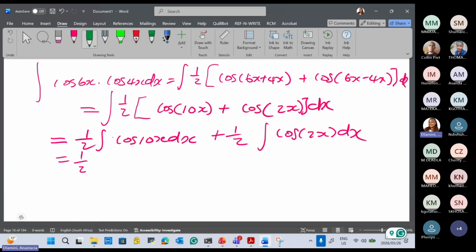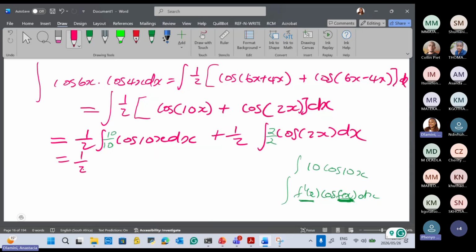Remember we said that it should be the integral of f prime of x cos of f of x dx. In this case, our f of x is 10x, so it should be the derivative of 10x, which is 10 cos of 10x. So we're missing a 10, and we introduce 10/10 here. And here we're missing a 2, so it's 2/2.